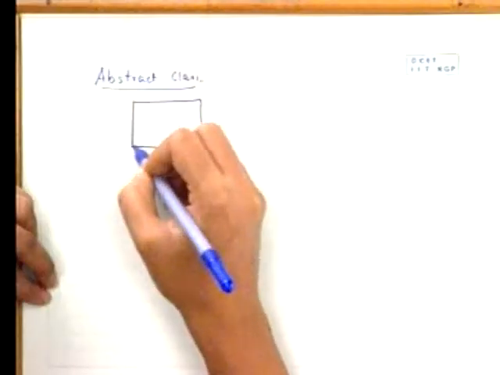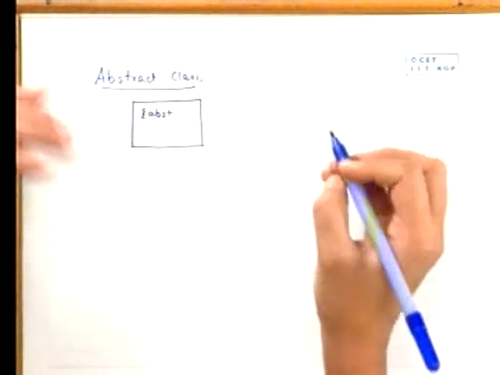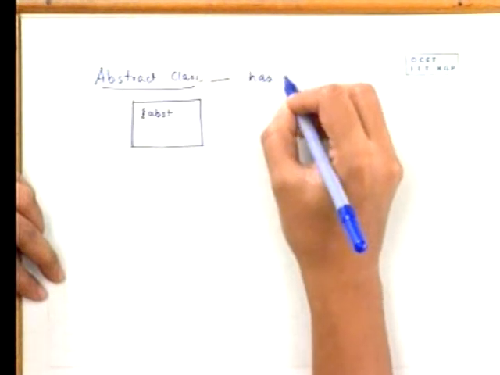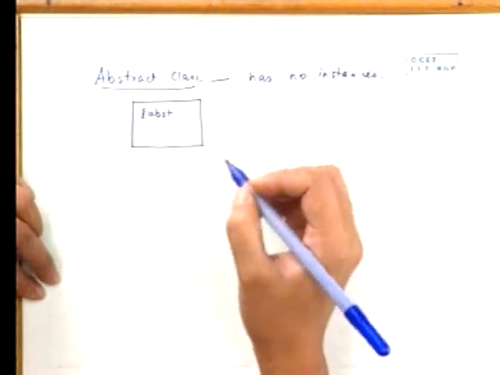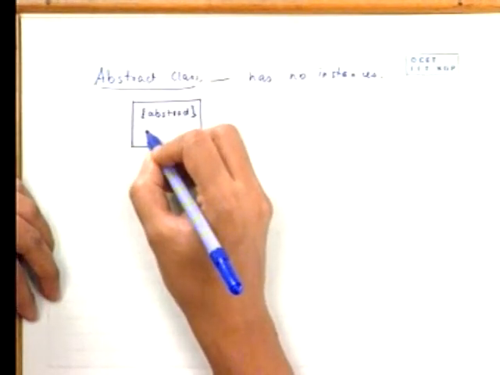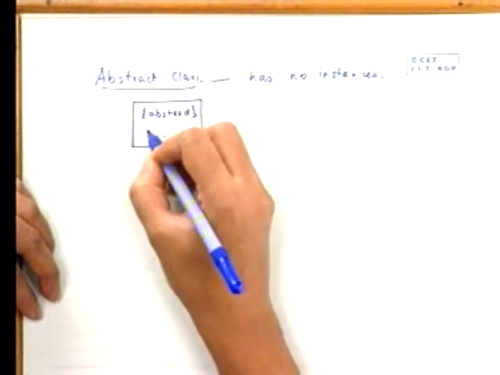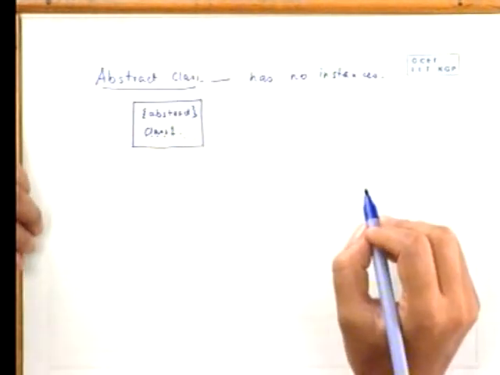Sorry, an abstract class has no instances. So this is to be distinguished from a concrete class, which can have instances or objects. And then we write the name of the class.